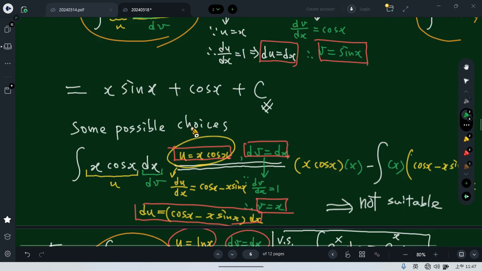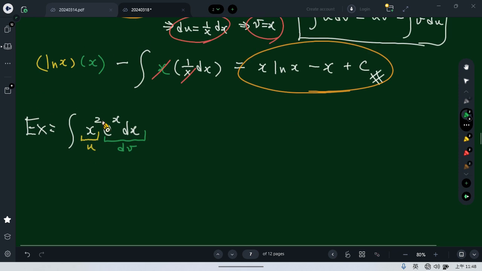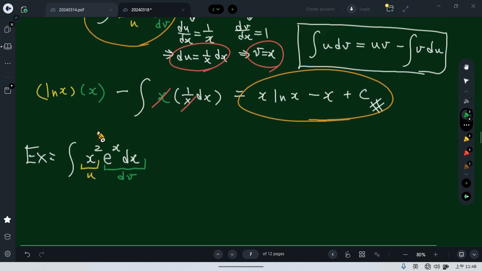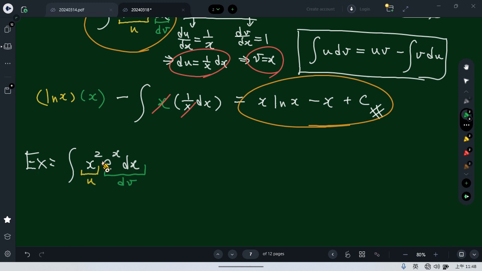So when you assign some form for u, you should be able to differentiate it without any difficulty. It's much easier. But if we want to integrate it without difficulty, normally we will choose something like the exponential, because when we integrate an exponential, we always get an exponential function, right? But if it's too difficult to get the integration, you need to think about changing the order.